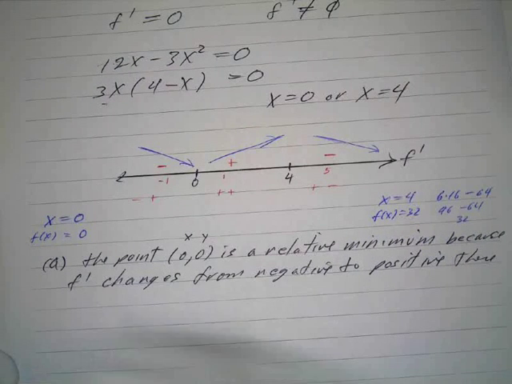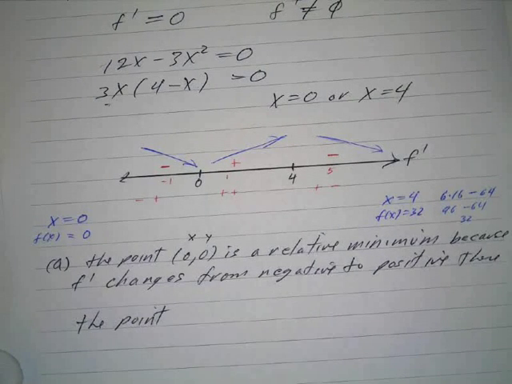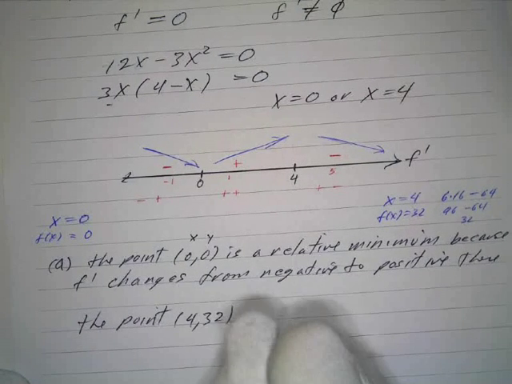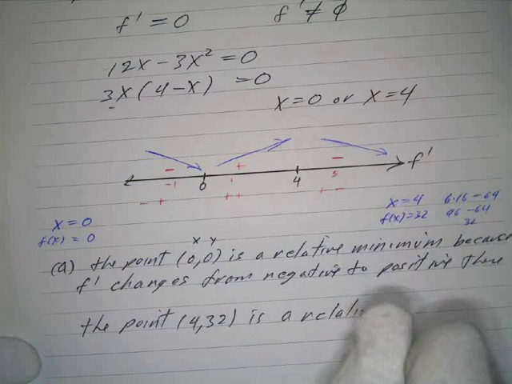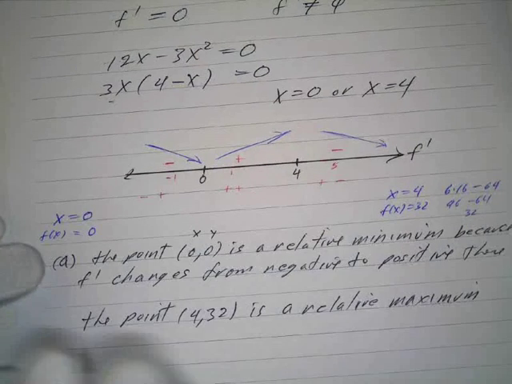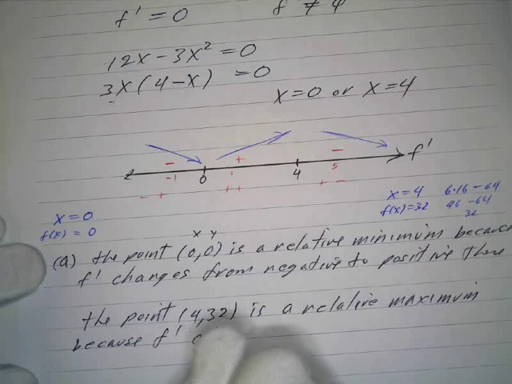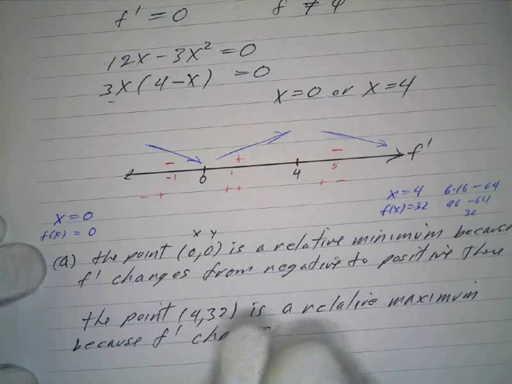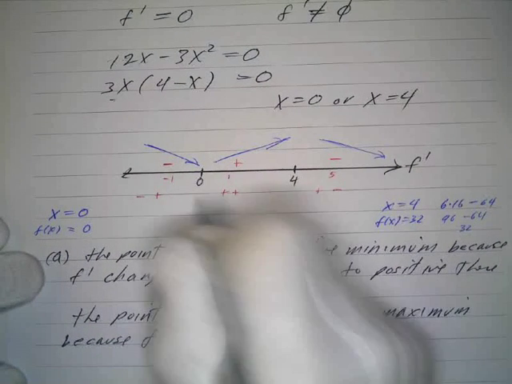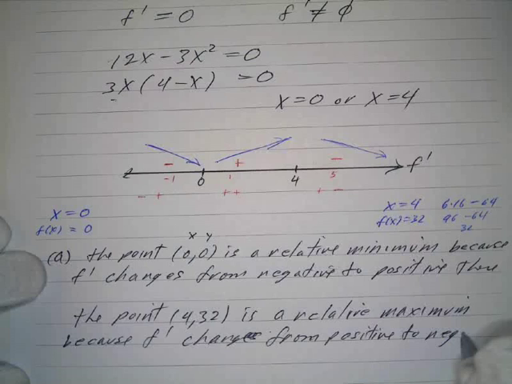Then we also have a relative maximum. So the point 4, 32 is a relative maximum because f prime changes from positive to negative there.